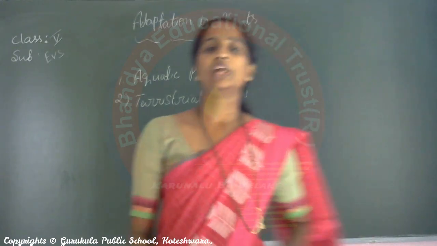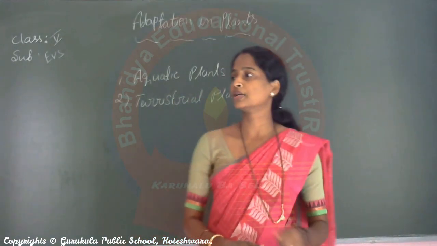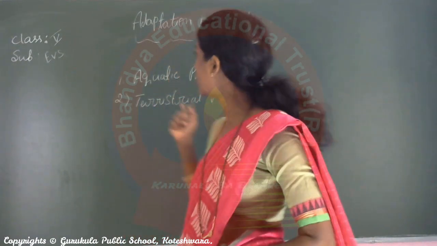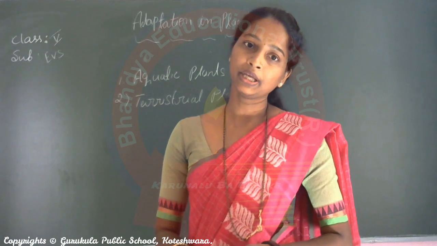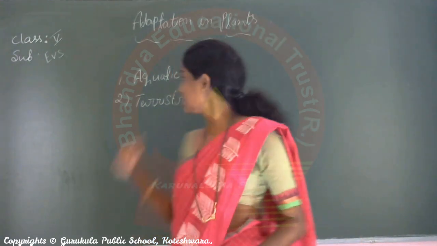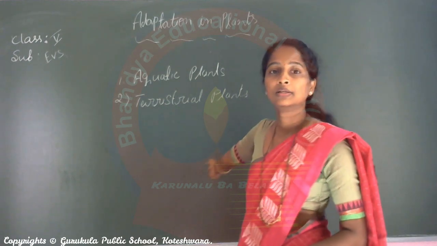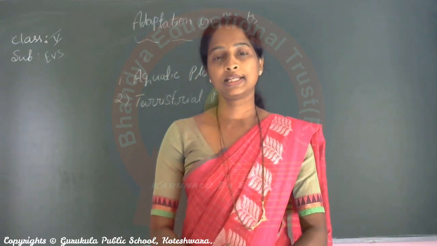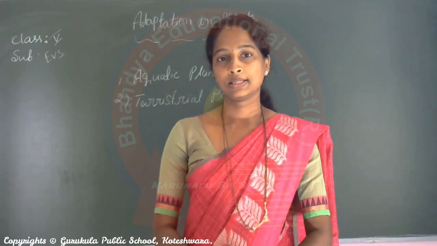You know that, children, already we learned in the previous class: the plants which grow in water are called aquatic plants. What is a terrestrial plant? The plants which grow on land are called terrestrial plants.